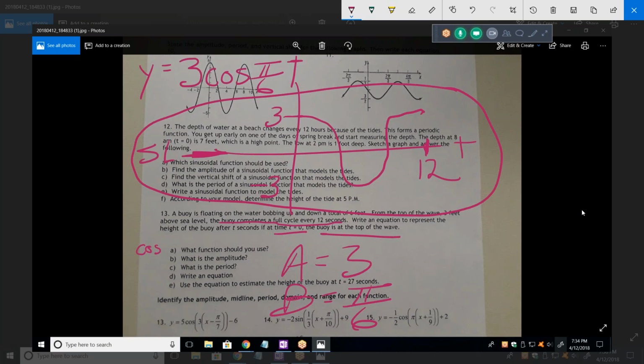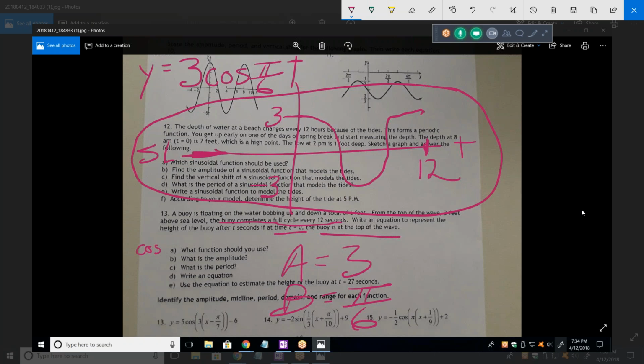That's why they're so valuable, because there are so many periodic functions in the real world. Tides, breathing, Ferris wheel, I can name 100 different things that can be modeled by a sinusoid function or a cosine, but it doesn't have to be sine. Either cosine or sine is called a sinusoid function.